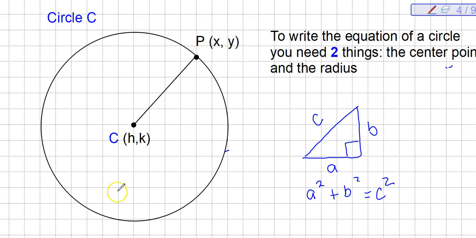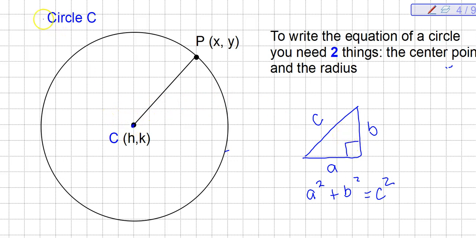So the alphabet soup of regular geometry becomes the alphabet soup of analytic geometry, but there's a big connection between this right triangle that we just talked about and the formula for the standard form of the equation of a circle. So I'm going to derive that equation, that formula that I just gave you, x minus h quantity squared plus that one that we just did. So what I'm going to do is I'm going to put this on here.